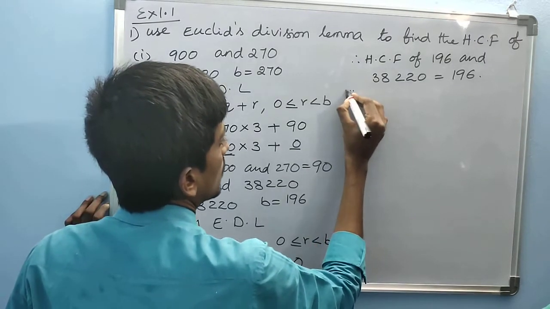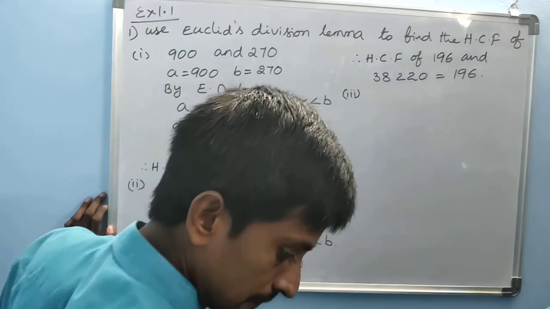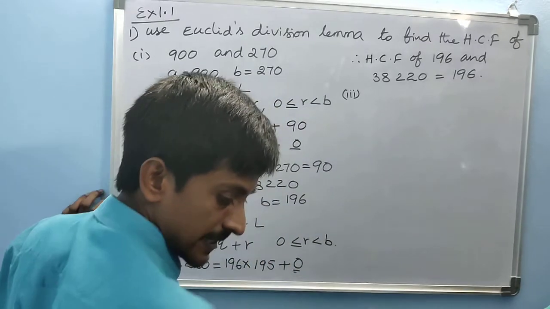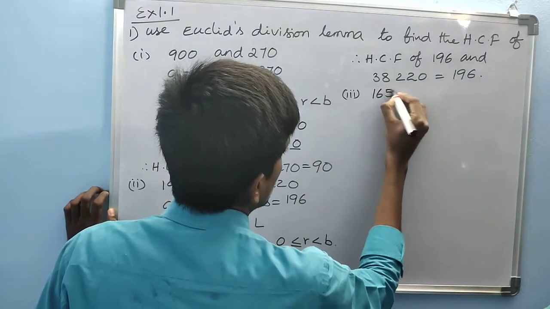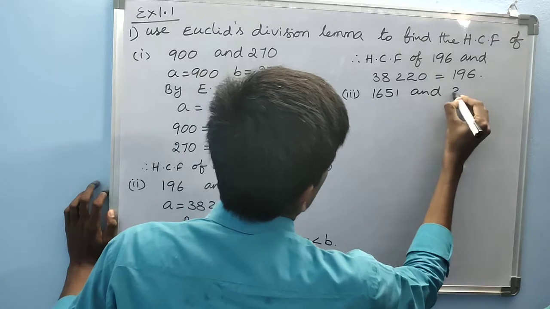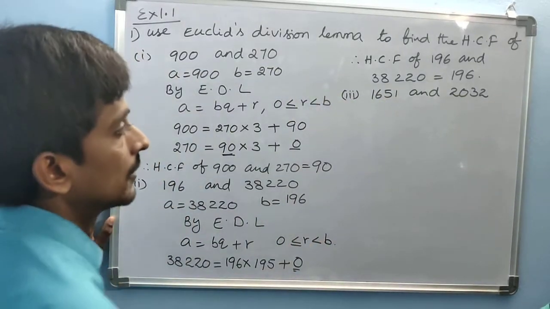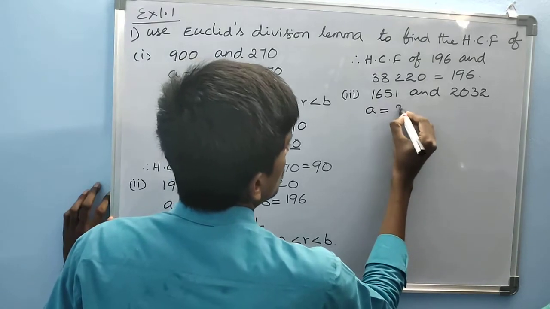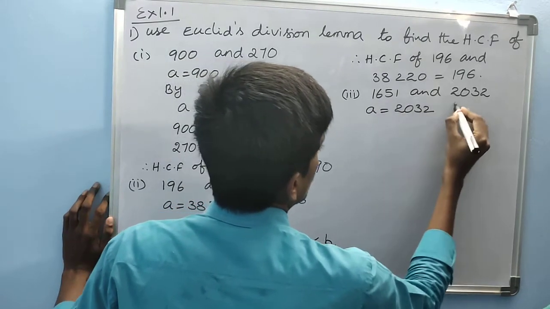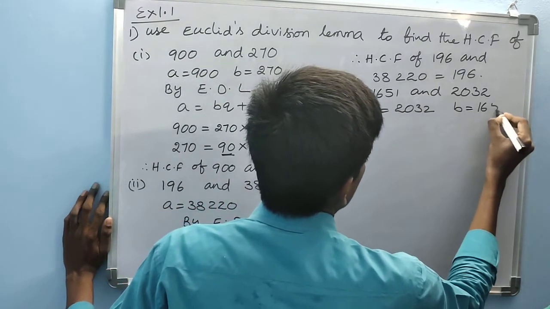Third one: 1651 and 2032. A equals 2032, B equals 1651.